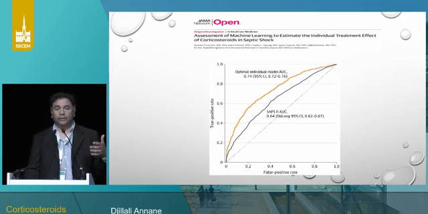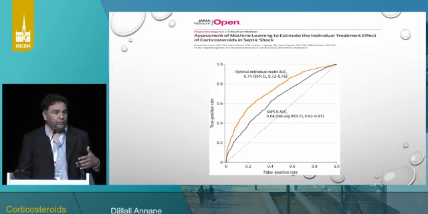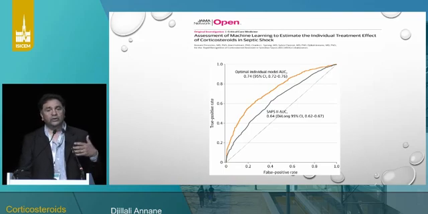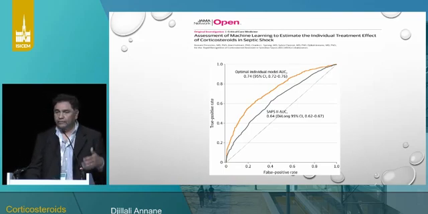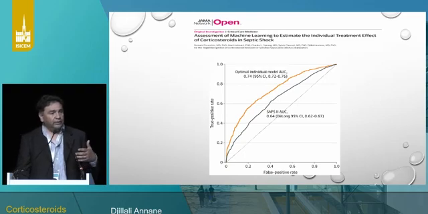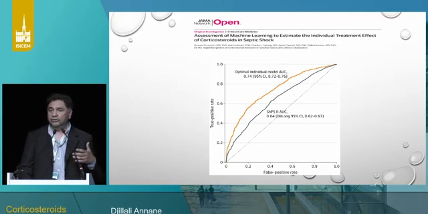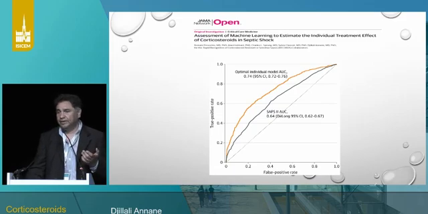So basically, we merged data from several RCTs on hydrocortisone for sepsis and septic shock, and we used artificial intelligence and several machine learning algorithms to improve the discrimination of corticosensitive patients among patients with sepsis.